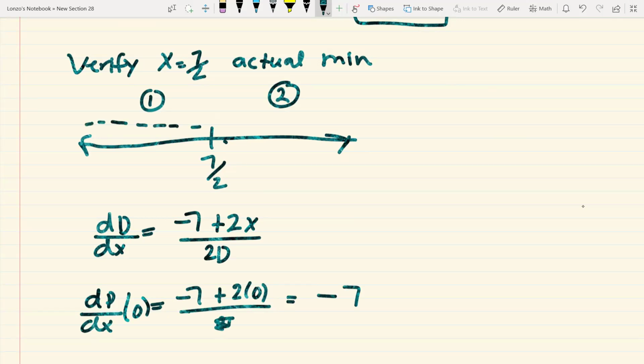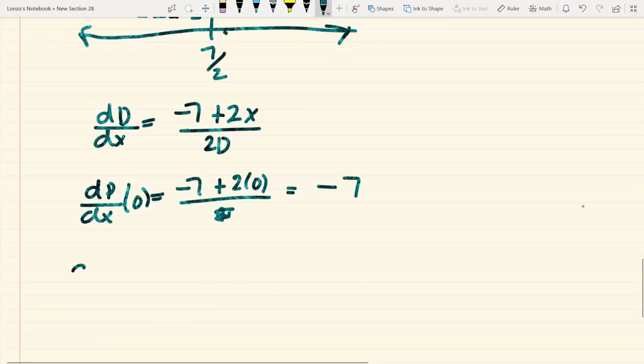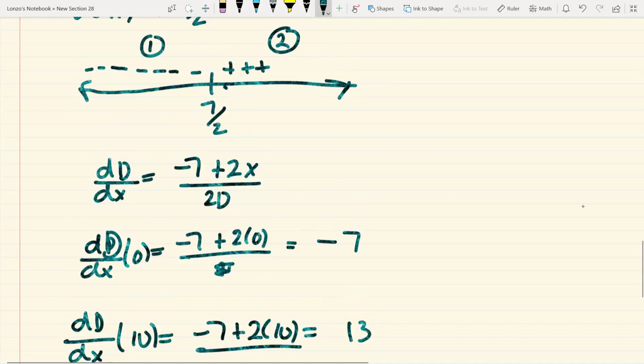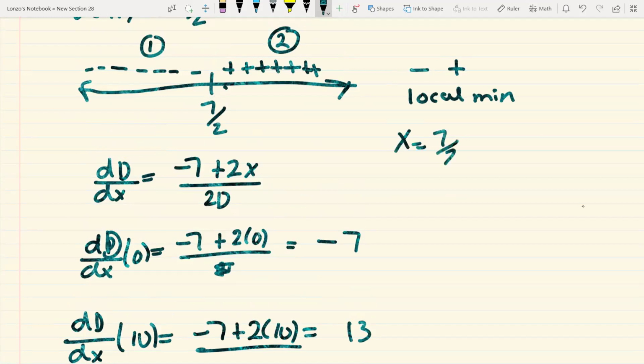And then a region right of 7/2, maybe I could do 10. The 2d is like a constant, so you don't have to worry about that. This would be 13, which is positive. So according to your sign chart, a minus to a positive is a local min. So this verifies that x equals 7/2 will give you a minimum value.